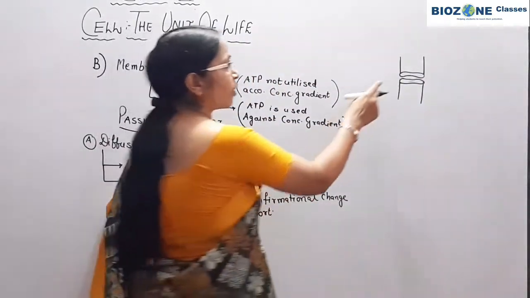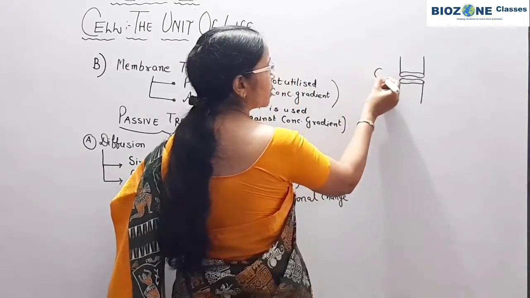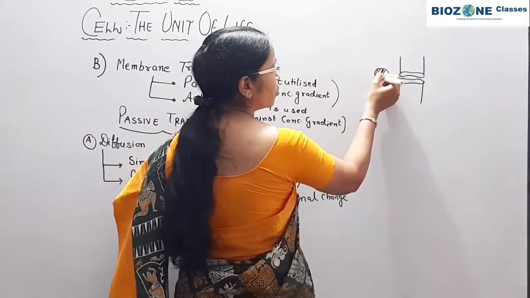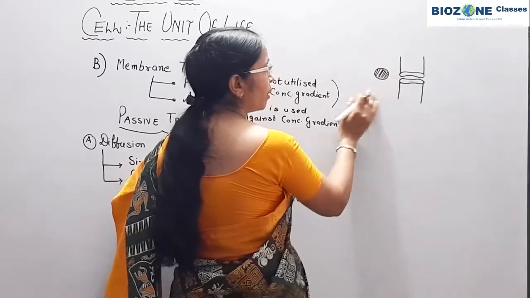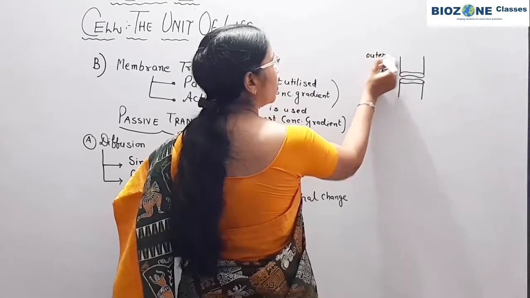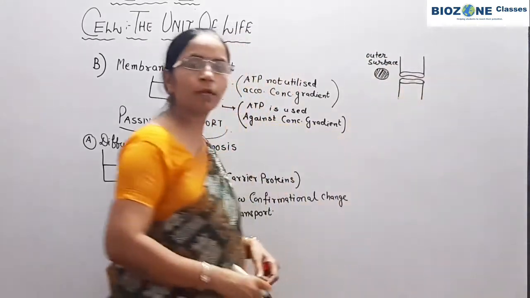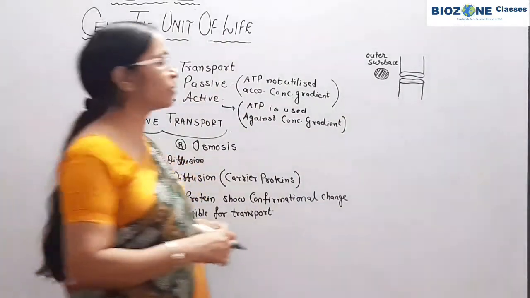These proteins are called carrier proteins. And this is the molecule for which the membrane is generally impermeable. This is the outer surface, and this is the inner surface where the cell cytoplasm is present.